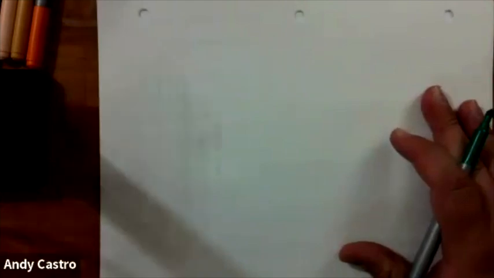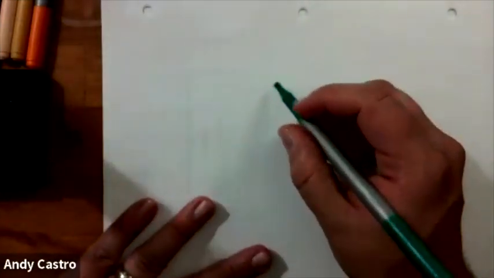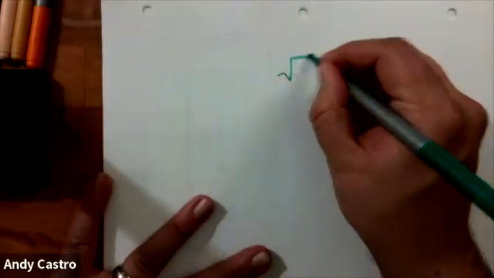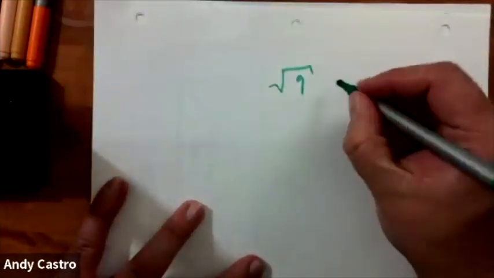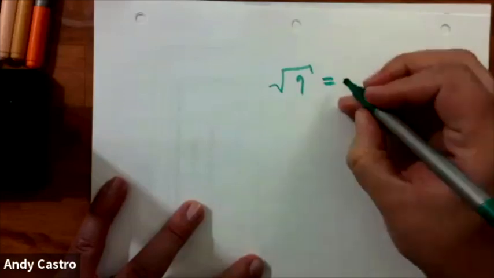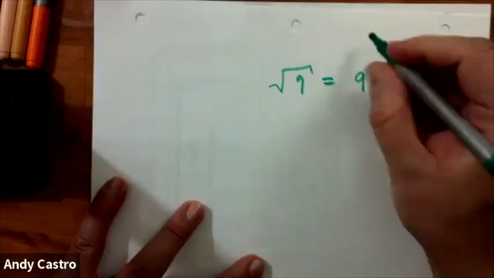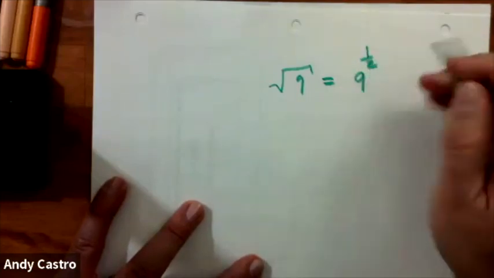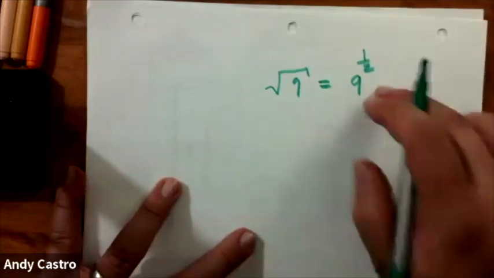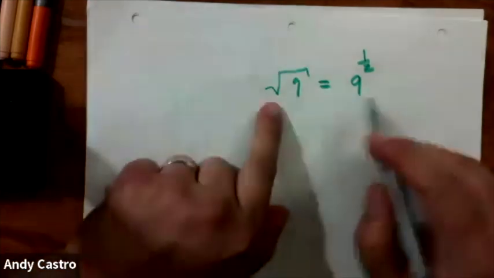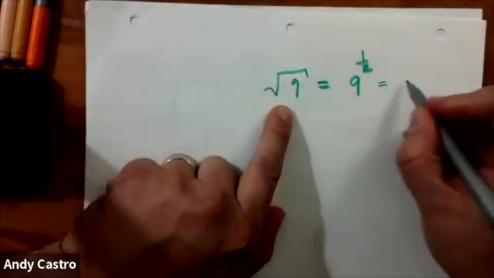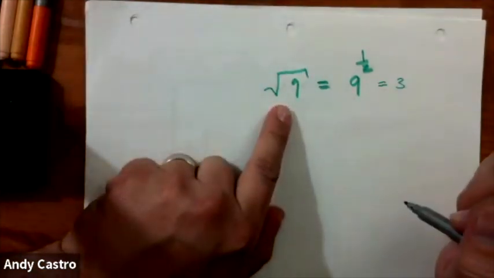Now, we can actually denote the square root of 9 as an exponent. I can write 9 to the 1/2 power. That's the same thing as the square root of 9, or 3.